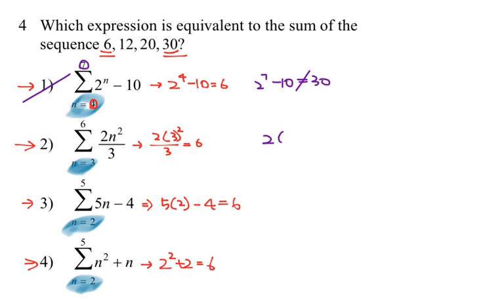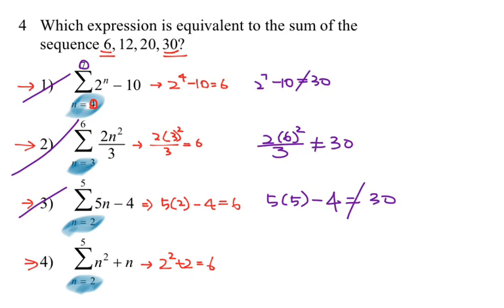How about the second one? As you can see, 2 times 6 squared divided by 3 is not equal to 30 either. How about the third one? 5 times 5 minus 4 is not equal to 30. In fact, it's 21. On the other hand, lastly, 5 squared plus 5 is in fact equal to 30. So our answer is choice 4.